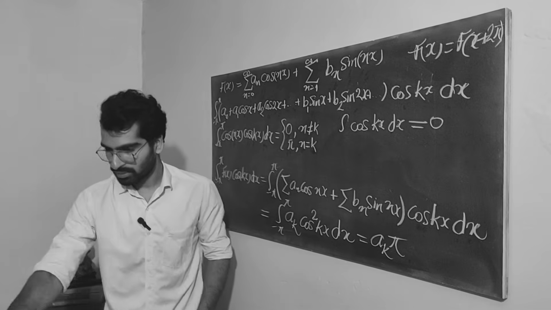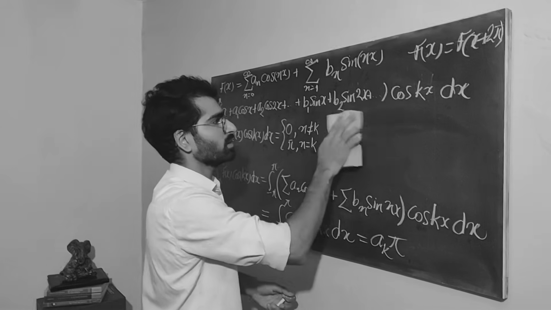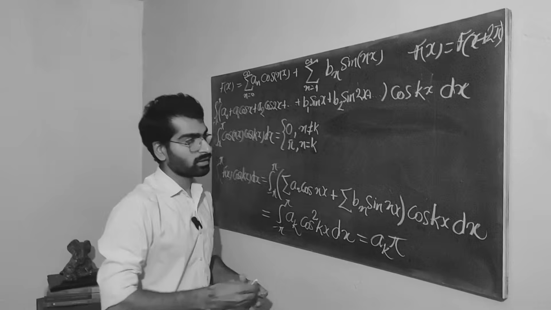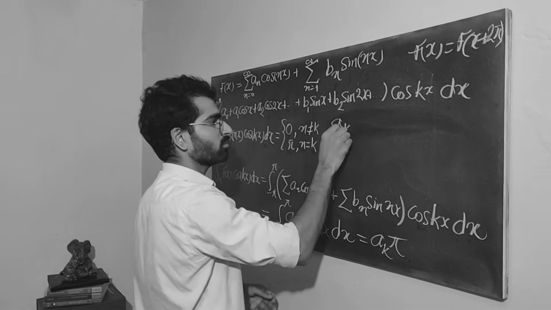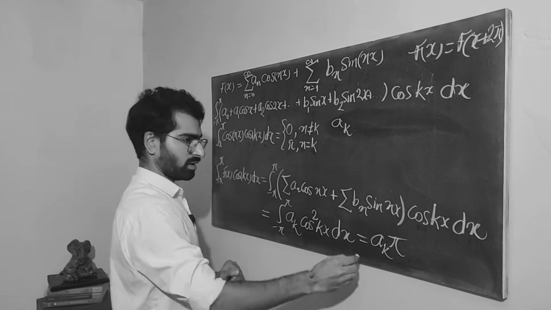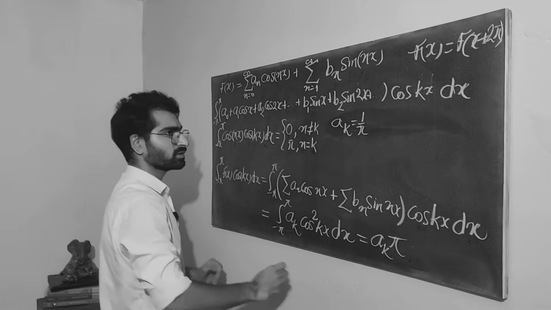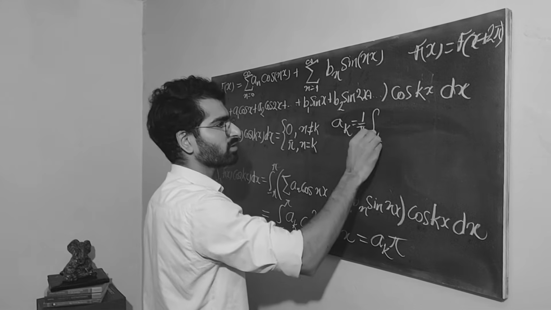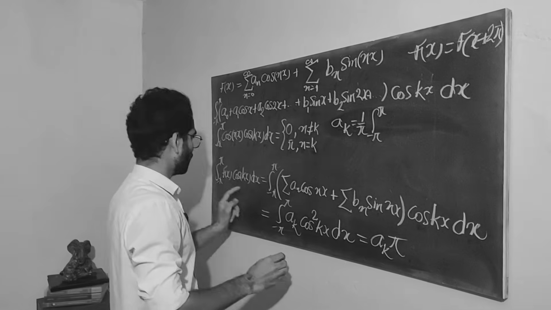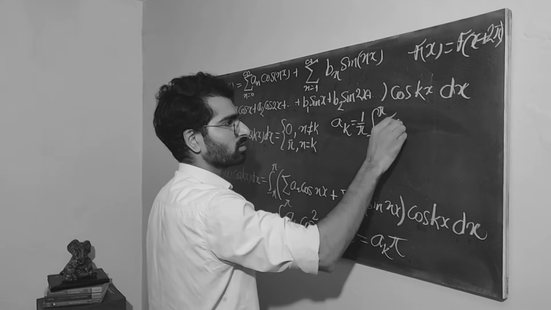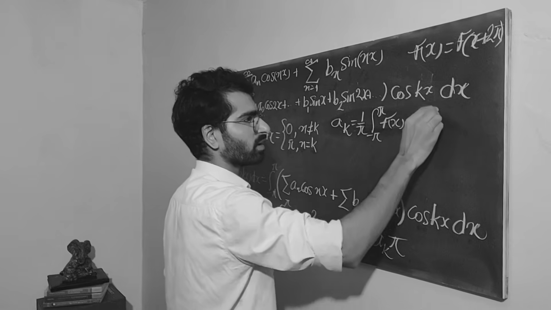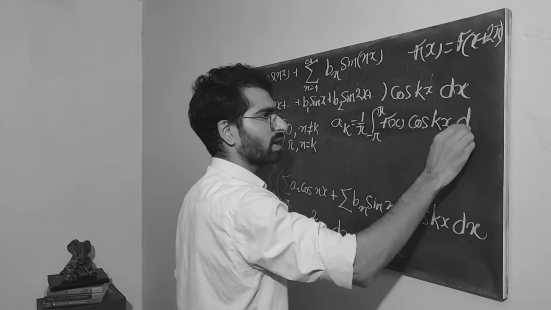So let me remove it. So ak becomes 1 over pi, this integral from minus pi to pi of that function cosine of kx dx.